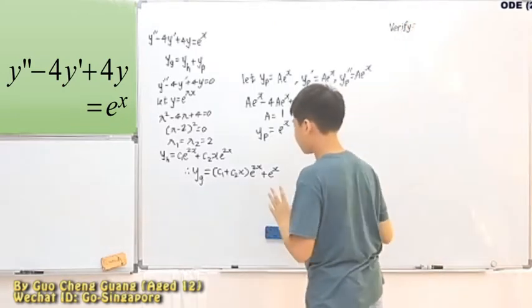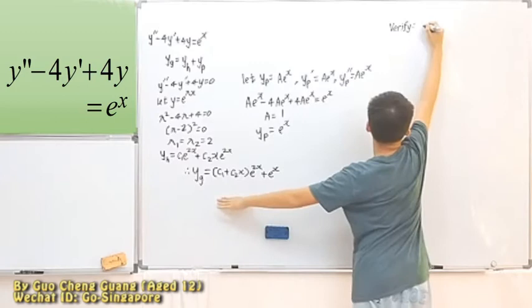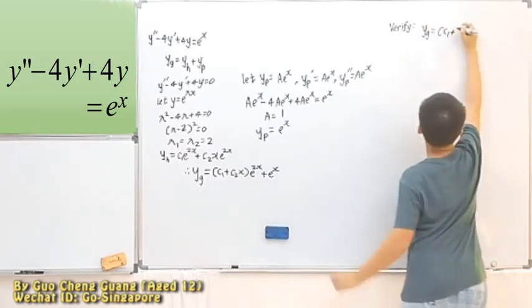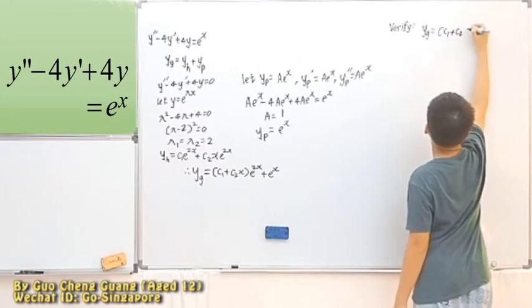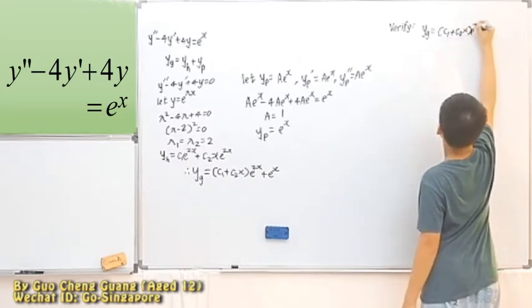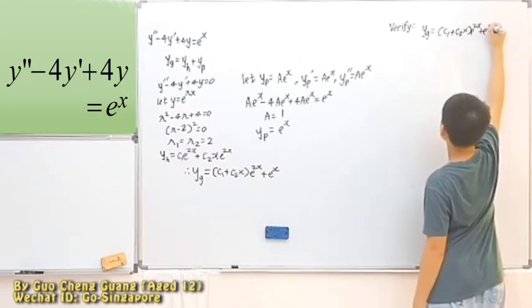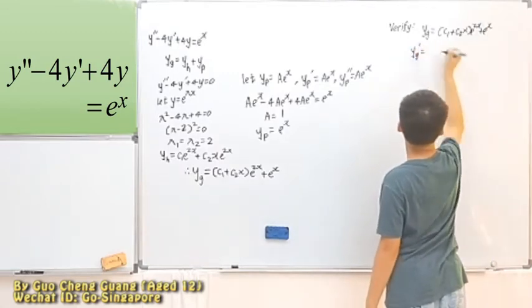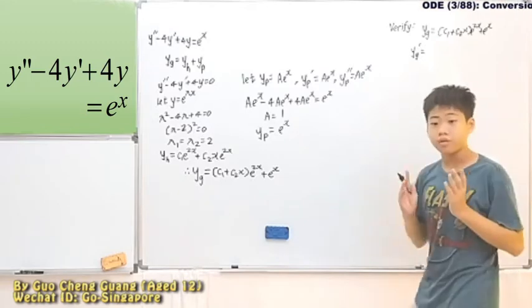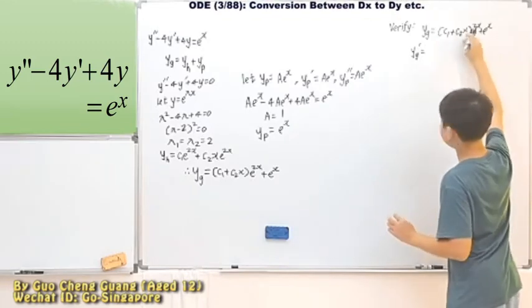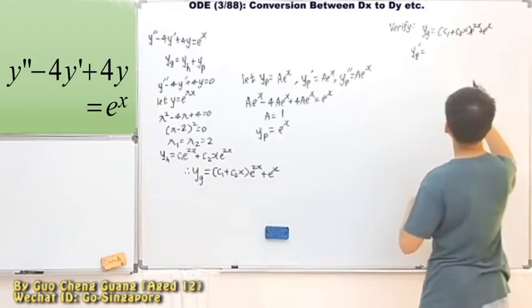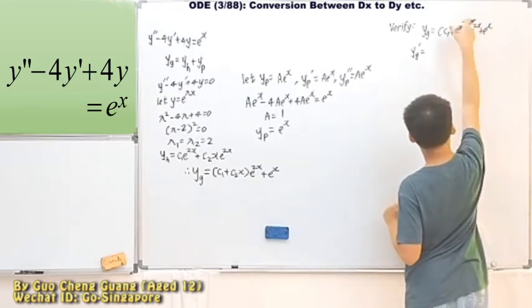Okay, let's verify. So this yg, then first derivative. First derivative, you have to be very careful of this. Here, we need to have product rule. So what if we first differentiate this?